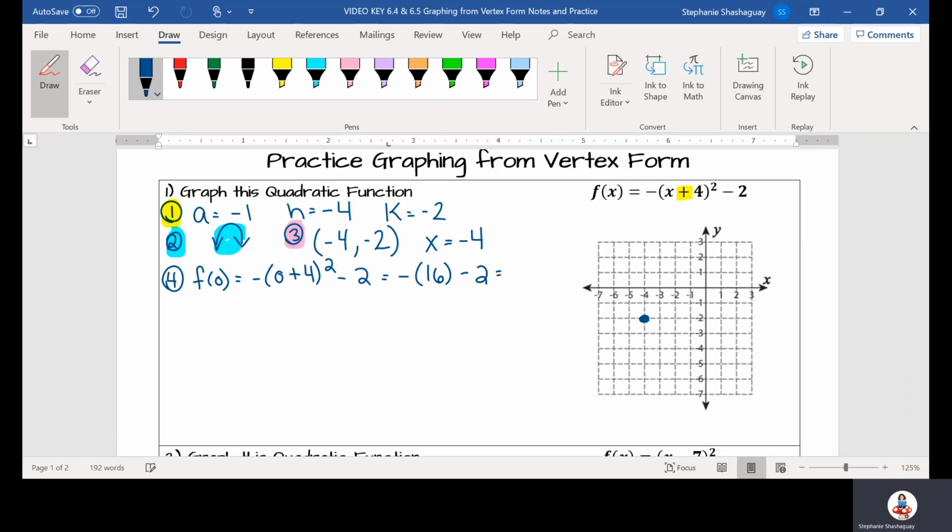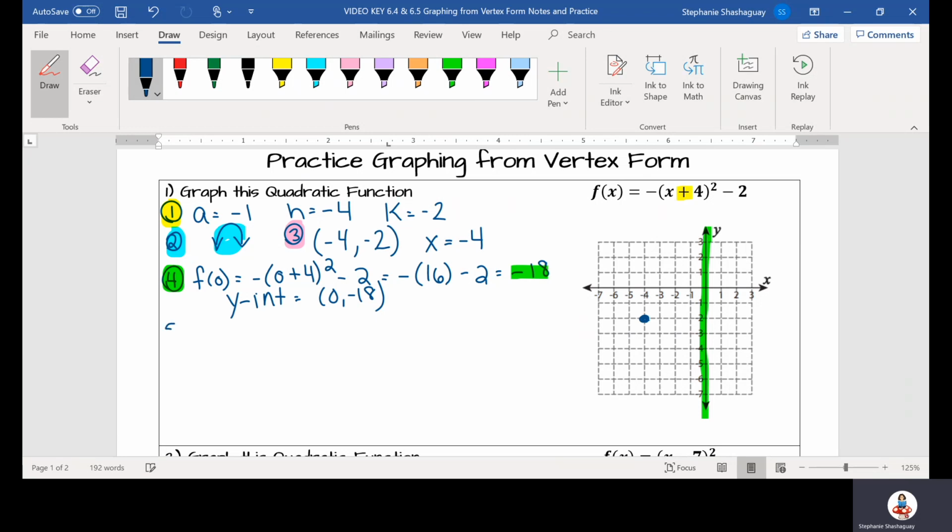So -16 minus 2 is going to equal -18. That's going to give me a problem as well, because my y-intercept is equal to (0, -18), and if I look at this graph, my y-axis does not go all the way down to 18.